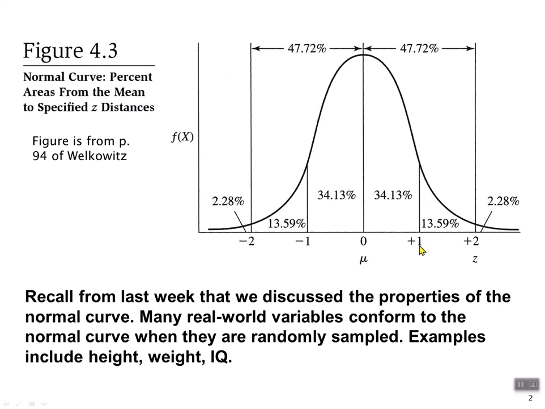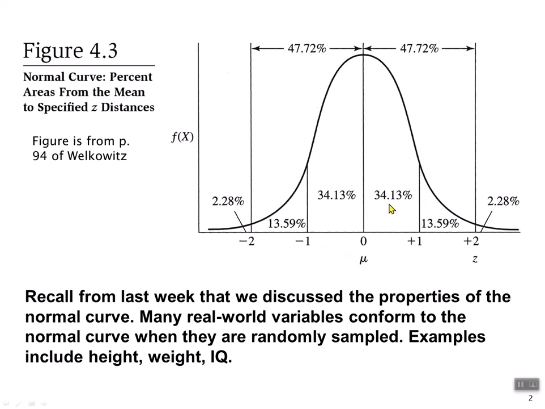So this is one z-score above the mean, this is two z-scores above the mean, one z-score below the mean, etc. And the mean is 0 because it's 0 z-scores from the mean. A z-score is one standard deviation. So what we're really talking about here is how many standard deviations away from the center anything is.